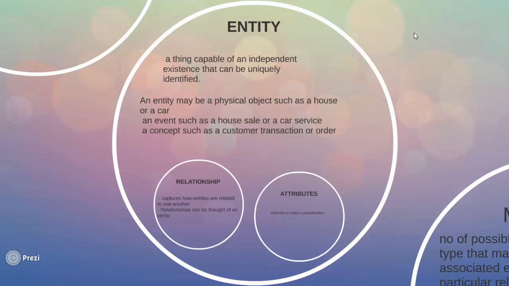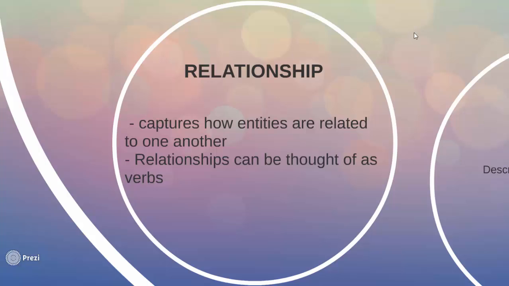For example, students in one university or school, there are many students, so system need to store information for student 1, student 2, student 3, and so on. It means student can be entity.